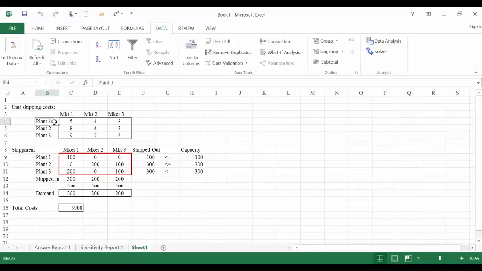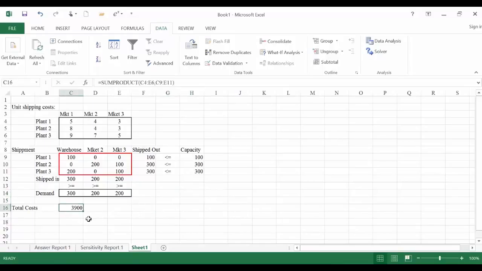Here we simply change our decision variables. There should be 2 groups of decision variables. The first group is from different plants to warehouse 1, warehouse 2, warehouse 3. Then there's another group of decision variables from warehouse 1 to market 1, market 2, market 3, and also from warehouse 2 to market 1, market 2, market 3.